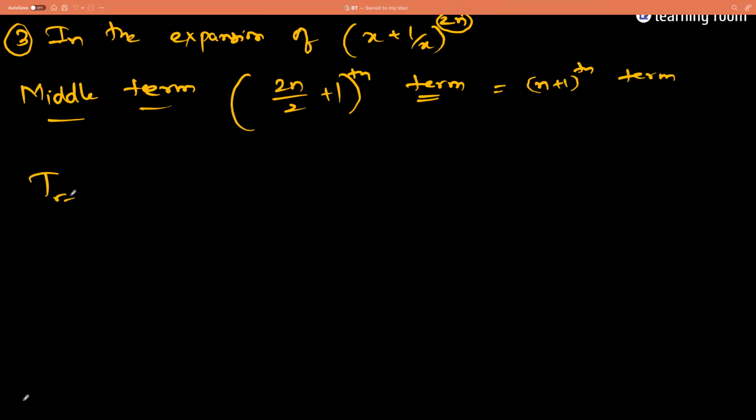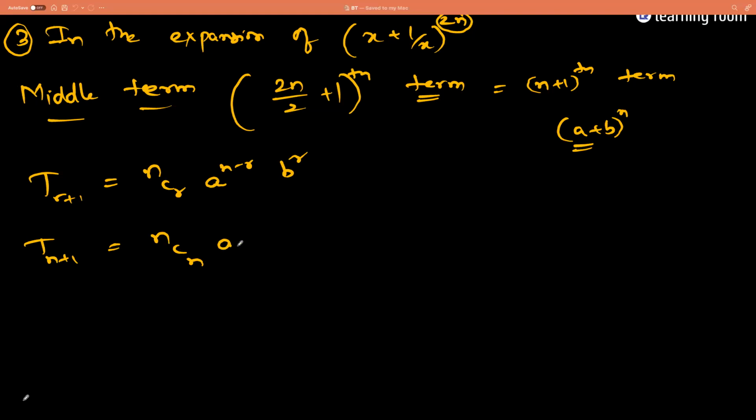So we know this: t r plus 1 is how much? If I have (a + b) the whole power n, then what is t r plus 1? nCr a power n minus r into b power r, correct? Then what will the t n plus 1th term be? It will be nCn a power n minus n into b power n.